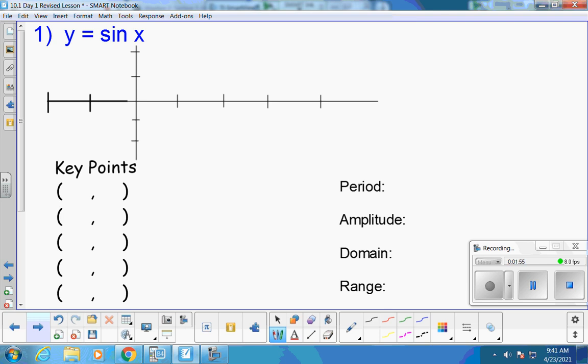So first of all, for key points, we are doing sine. When I tell you what is the sine at 0 radians, what would you tell me? What is the y value at 0 radians? It'd be 0. What is the sine value at pi over 2 radians? So go to pi over 2 on your unit circle. Look for the sine value. It's 1.